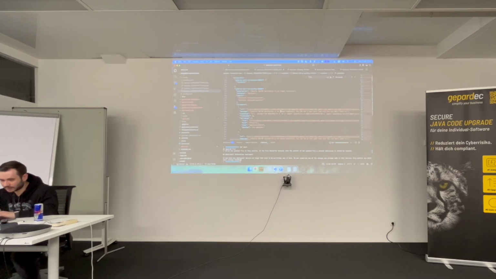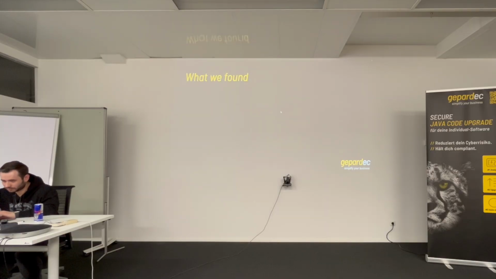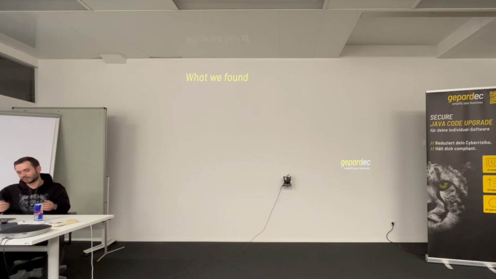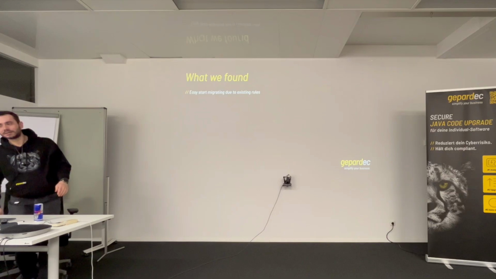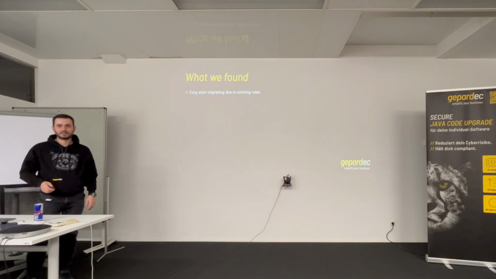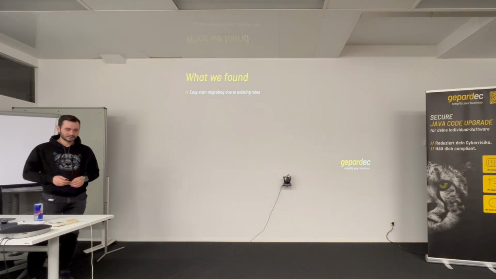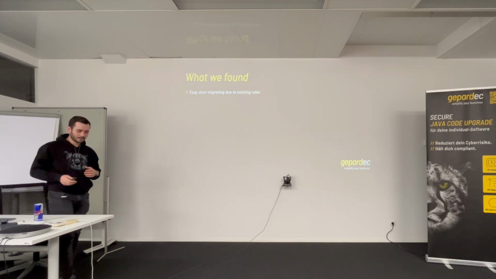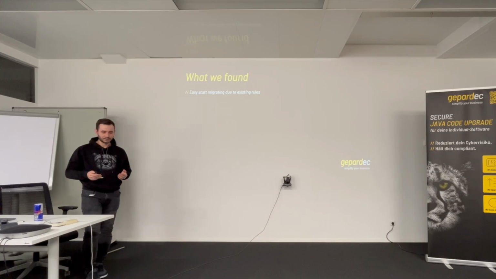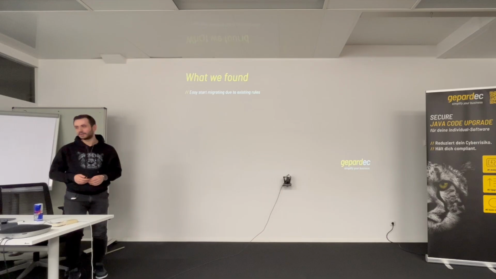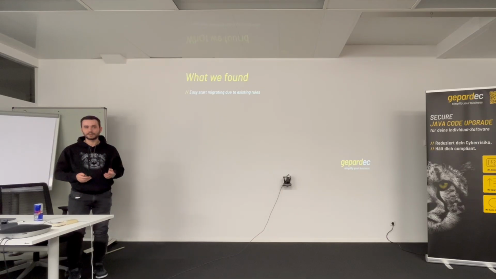Now, let's look at what we found, or what our experience with it was. Due to the analysis, it felt like a very easy start, because before we looked at Konveyor or Konveyor AI, we read about what challenges we would face migrating to Quarkus.